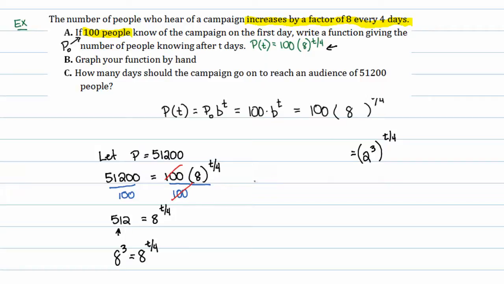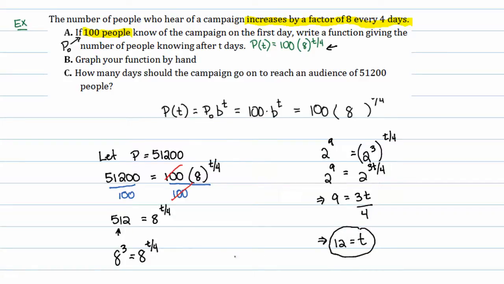And on the left-hand side, 512 is the same thing as 2 to the 9th. And now I would rewrite that as 2 to the 9th is equal to, remember powers to powers multiply, so that's going to be 2 to the 3t over 4 power. So therefore, since the bases are equal, the powers must be equal, so 9 must equal 3t over 4. Multiply both sides by 4, divide both sides by 3, and you'll get that t is equal to 12.